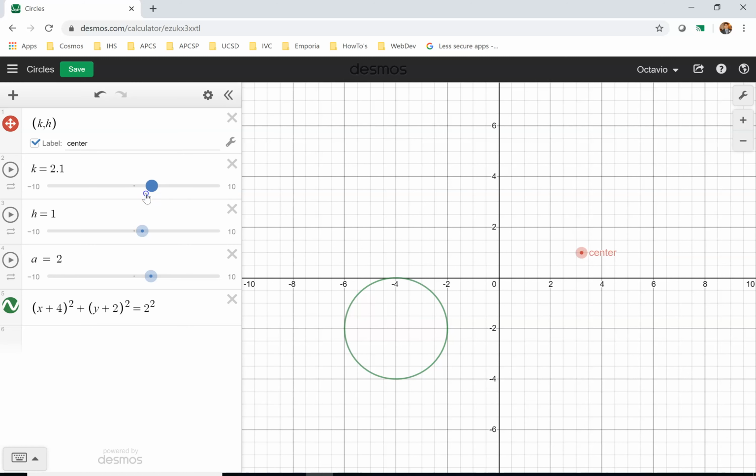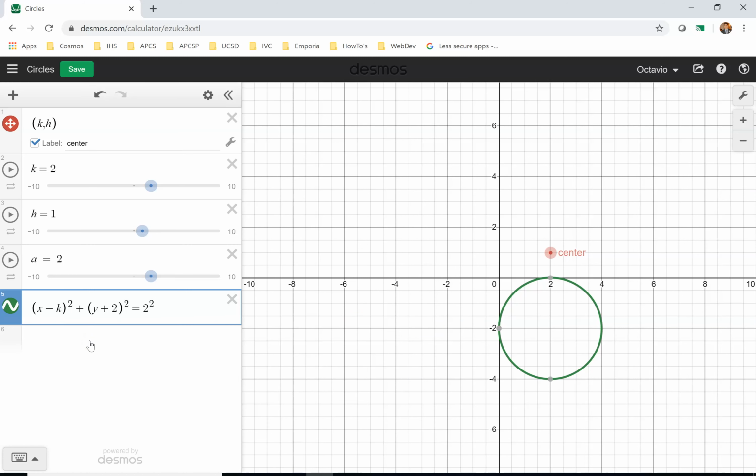It's still called the center, and I'll put it there at 2. And instead of x plus 4, I'm going to put x. Remember that the formula is x minus k. Instead of y plus 2, I'm going to put y minus h. Now see how the circle is centered at this location. And instead of 2 squared, I'm going to put a squared.